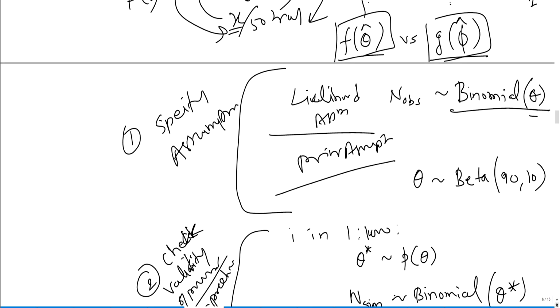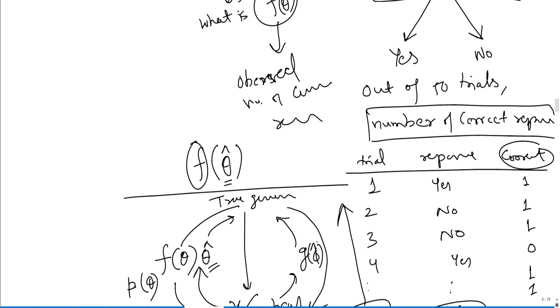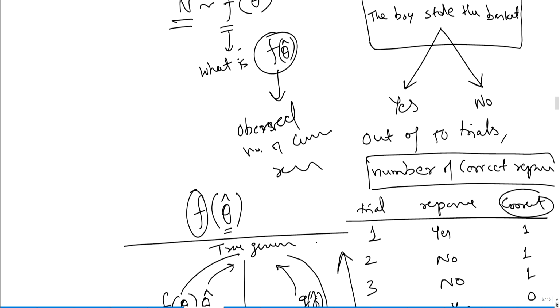Now how do we implement this in R? Okay. So let us take a quick example, an example about the number of correct responses, and let's see how we implement this in R. Okay.